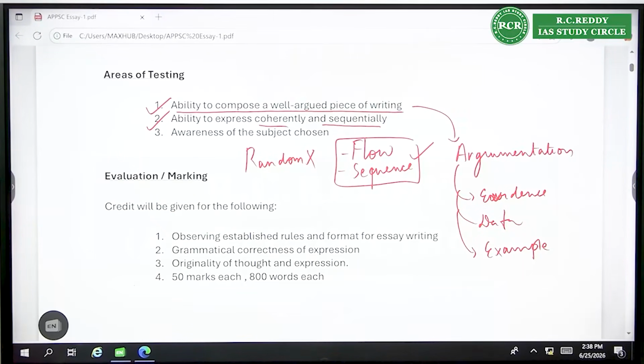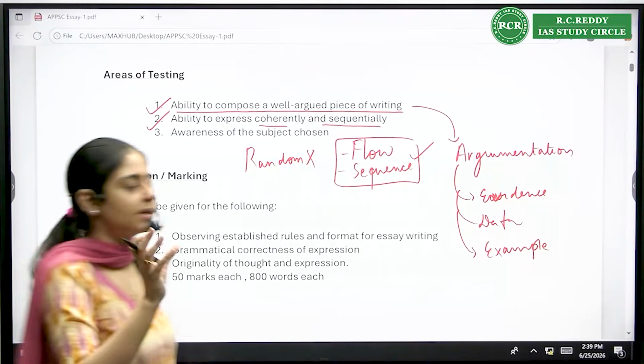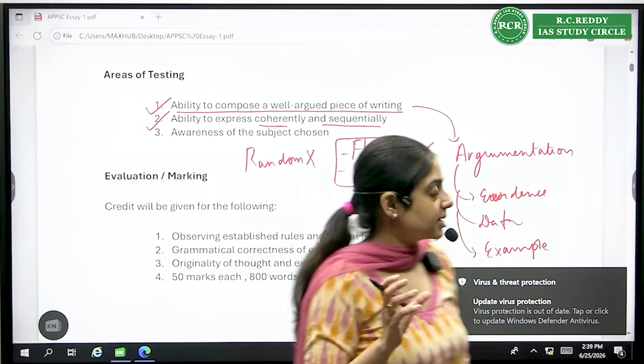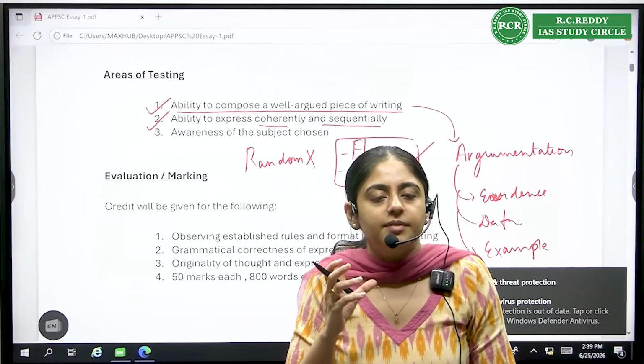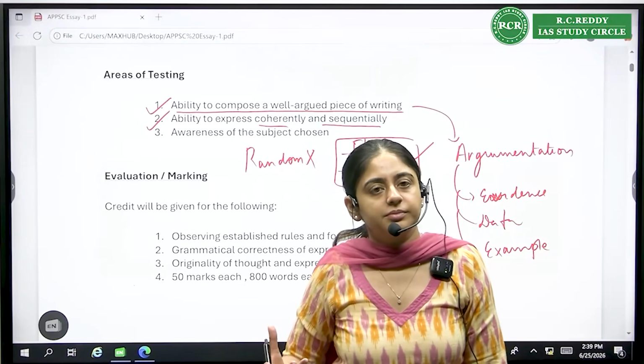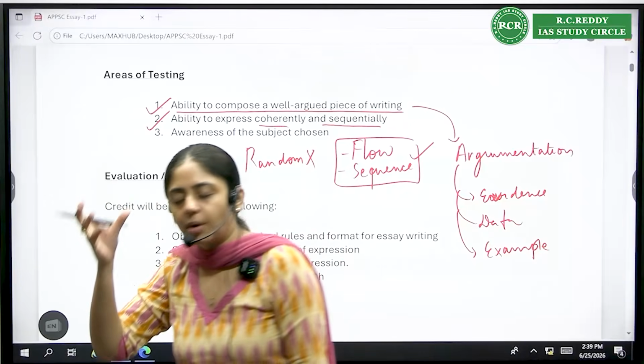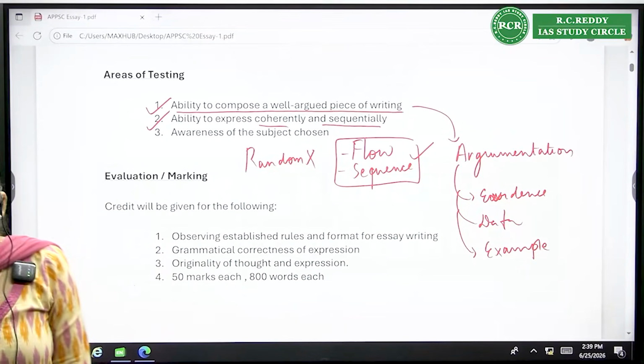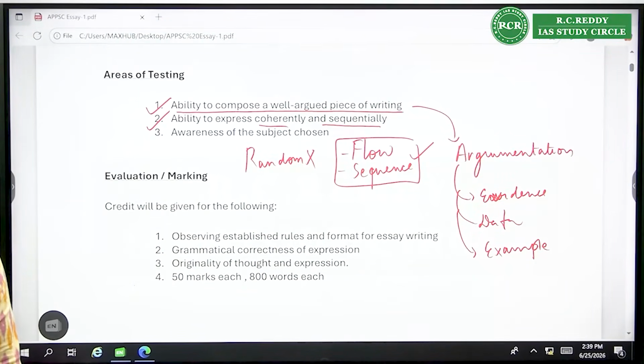They discuss one point very nicely, end that, and then move on to the next. If they are criticizing something, they will criticize at one point and then give an argument in support in the second paragraph. There is a proper order, a proper coherence. Each paragraph is connected with the others. It is not random in nature.